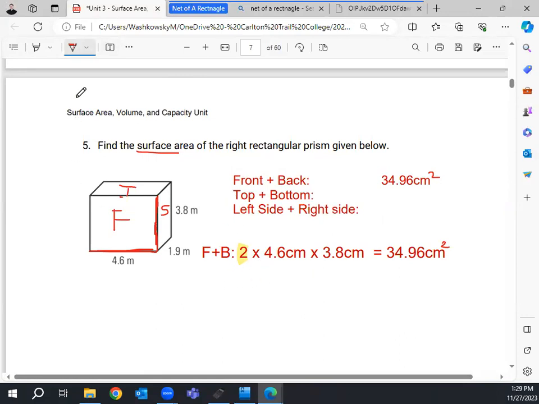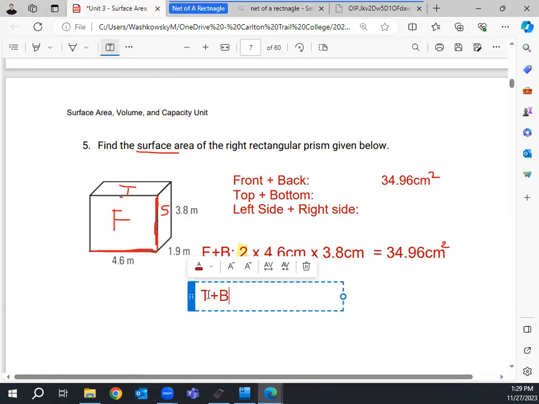So I've done that. Now I'm going to do the top and the bottom. And again, we're mathematicians, we're lazy. Top plus bottom, T plus B. So for this top here, I need to take these 2 lines and multiply them.